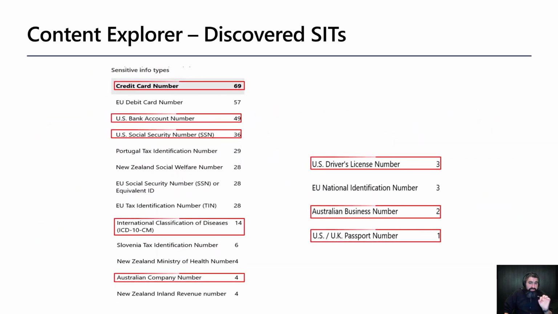Here is a little more detailed breakdown of the specific SITs that we found in our demo tenant, including the number of objects, where an object could be a document or an email that contains a sensitive information type. Let's have a closer look at the first one in the list, where the credit card number SIT appeared 69 times in our information.